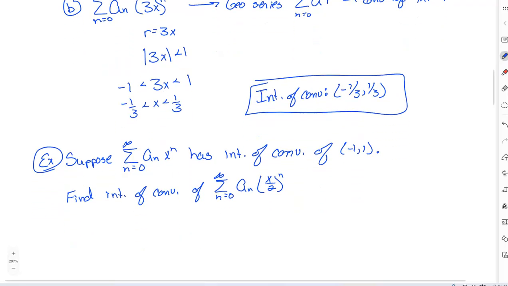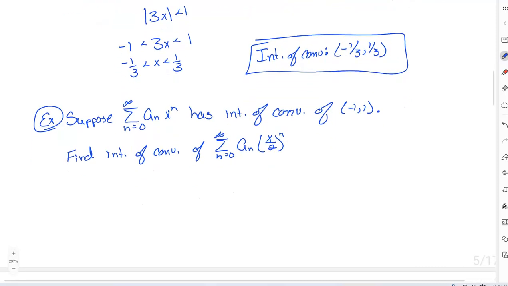So we know that the original goes from -1 to 1, and that's because, remember, a power series can be written as a geometric series. So let's compare to a geometric series. That r has to be less than 1. So in this case, my r is x over 2. The absolute value of x over 2 has to be less than 1, which means x over 2 is going to be wedged between -1 and 1.